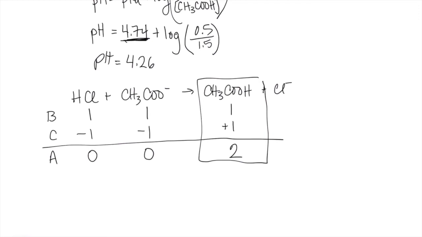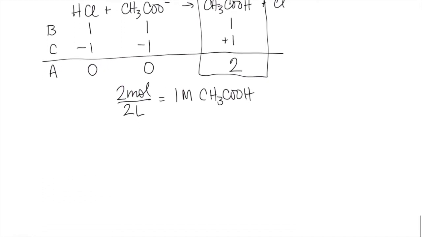So at the beginning, I had 1 liter of HCl and 1 liter of my buffer. That's 2 moles in 2 liters, which gives me 1 molar acetic acid. And I've got to consider now, what do I do? What does a weak acid do? Weak acids react with water to make the conjugate base and H3O+.